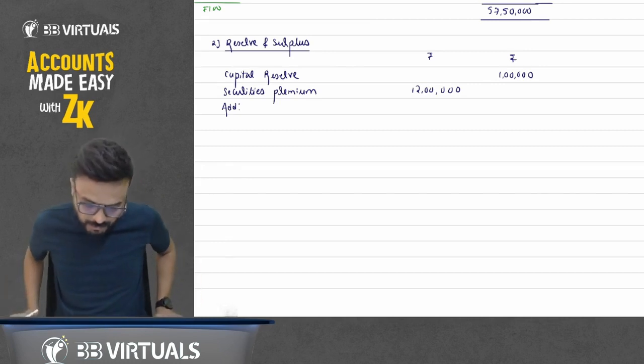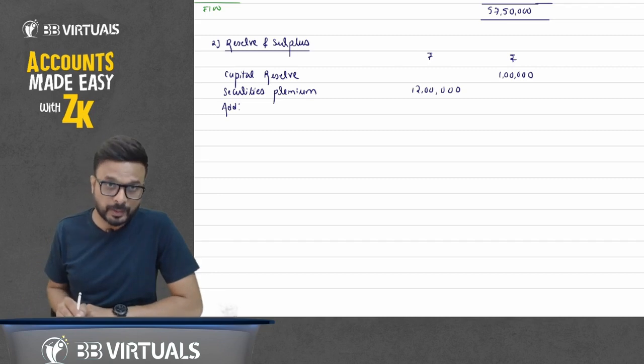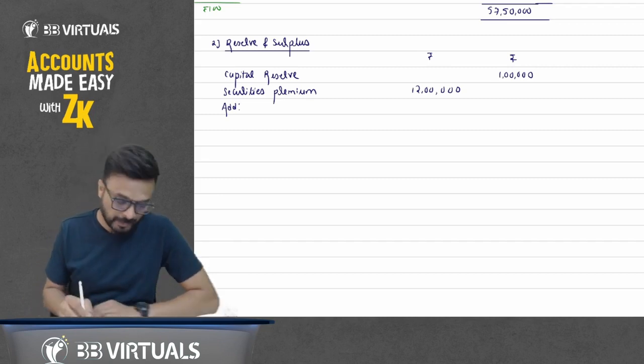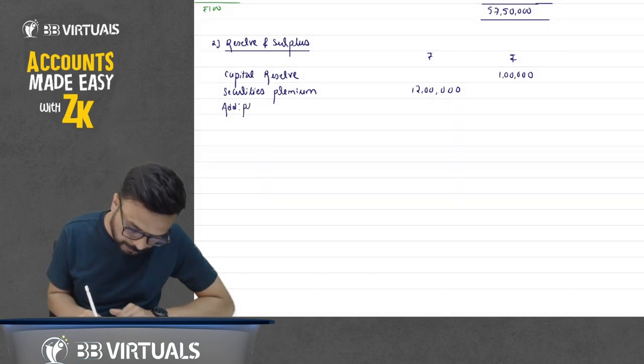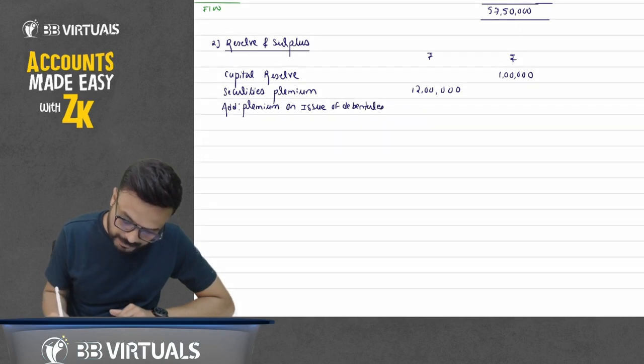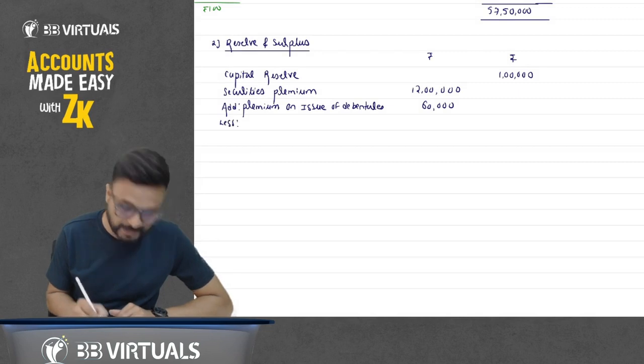So how much did we credit when we issued debentures at premium? You can see journal entry number 1: add premium on issue of debentures, that is 60,000.